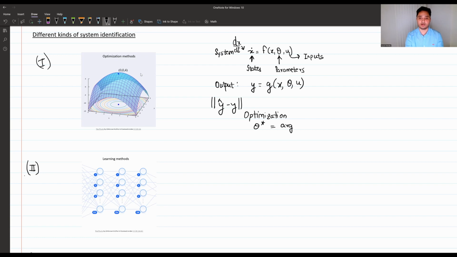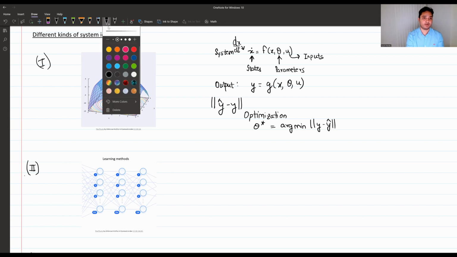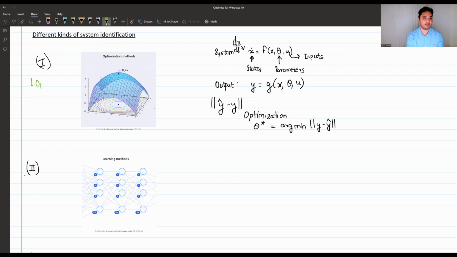And so that would be the argmin of the error that we want to minimize. So clearly, here we are finding that optimal value. That's the advantage with this method, that we can prove whether the parameter that we find is optimal or not. And the second advantage is that for convex functions, this process can be very efficient.